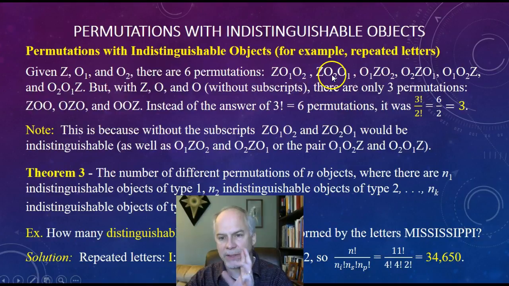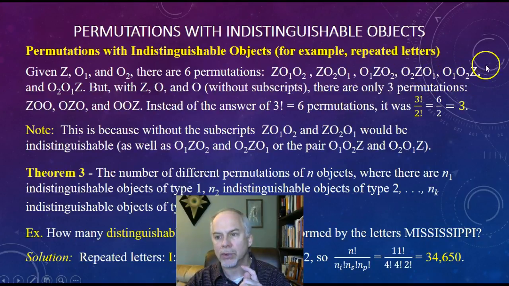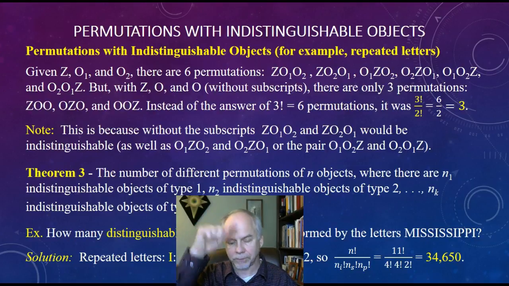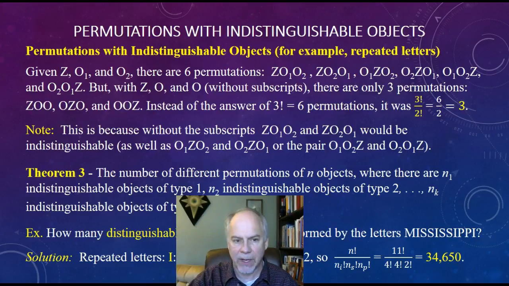There are going to be 6 permutations of those letters: Z O1 O2 or Z O2 O1, and then O1 Z O2, O2 Z O1, and then O1 O2 Z and O2 O1 Z. So there are 6 possible permutations of those 3 letters. And that comes from 3 factorial, which is 6.